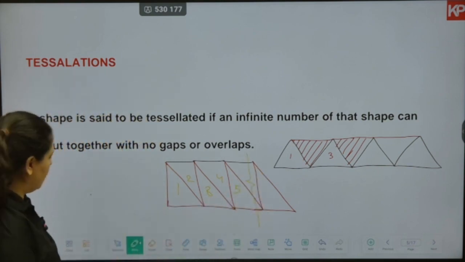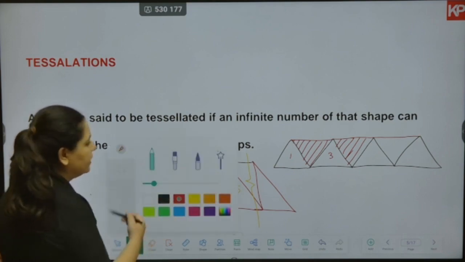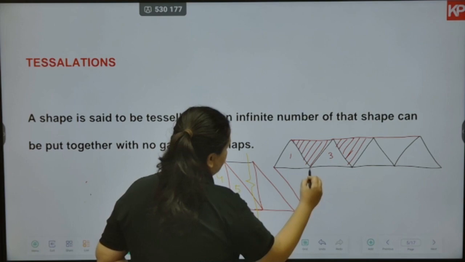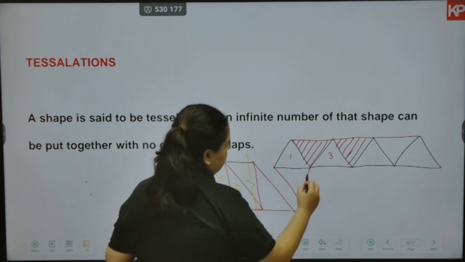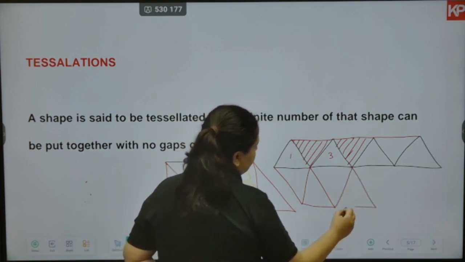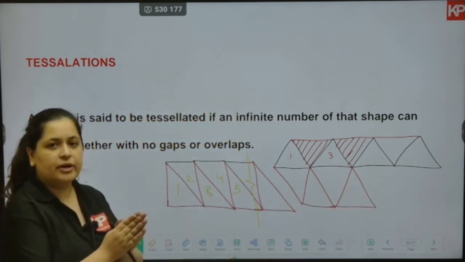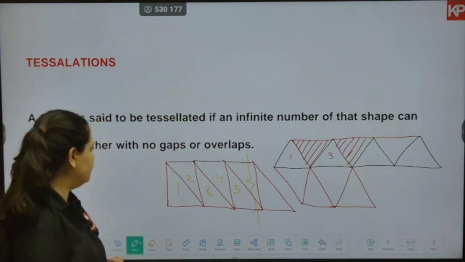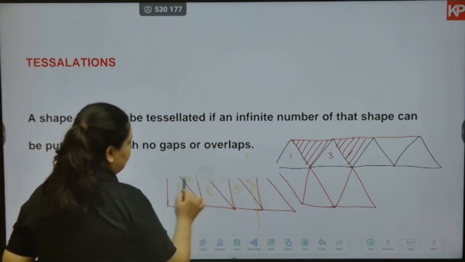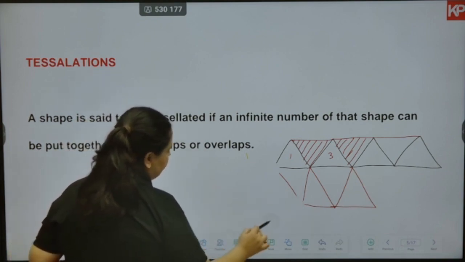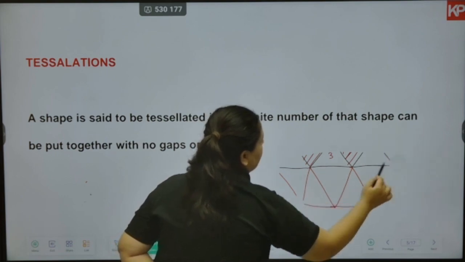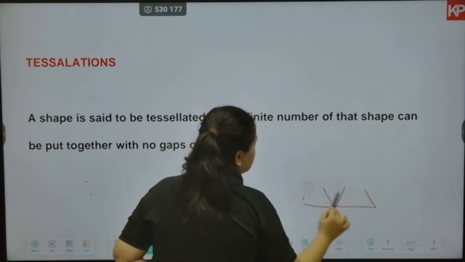What about adding triangles above and below this particular pattern? Again, we can add one inverted triangle here and one straight triangle here, inverted here and straight here. Likewise, we can continue it lengthwise and widthwise. As a matter of fact, any triangle, be it a scalene triangle, a right angle triangle, an isosceles triangle or an equilateral triangle, is going to tessellate.